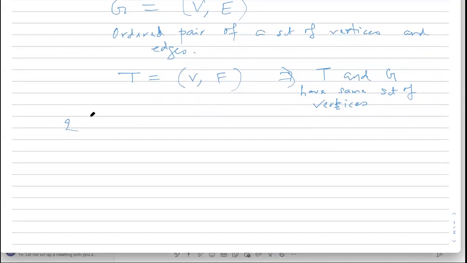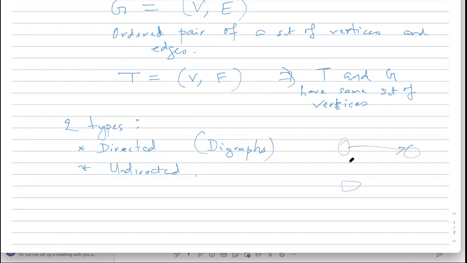Now, there are two types of graphs. So this is another distinction. One is called directed graphs, also known as digraphs, and the other is undirected graphs. So in other words, you take a bunch of nodes and you connect them with an arrow.